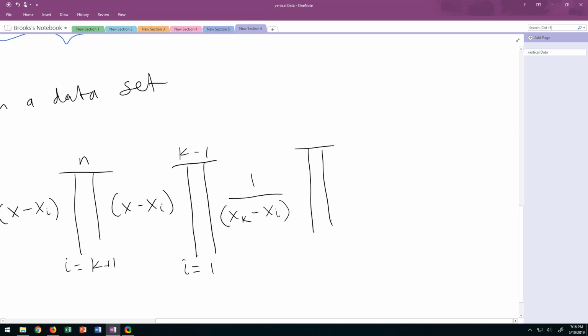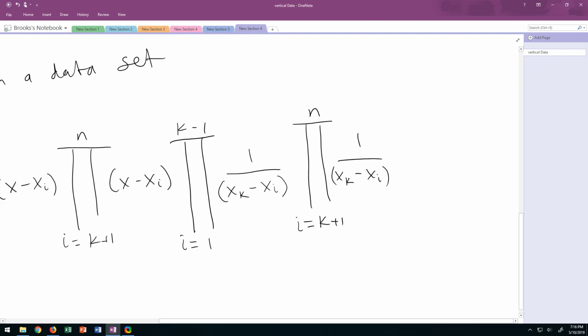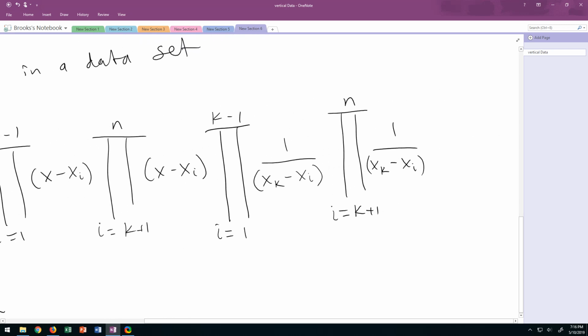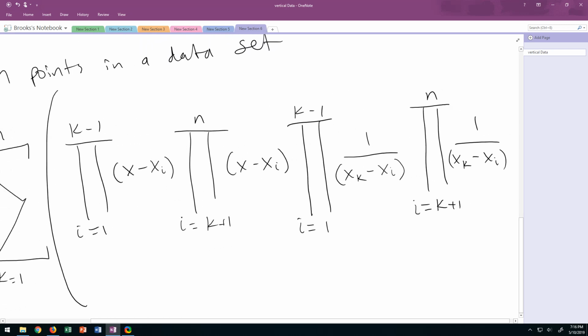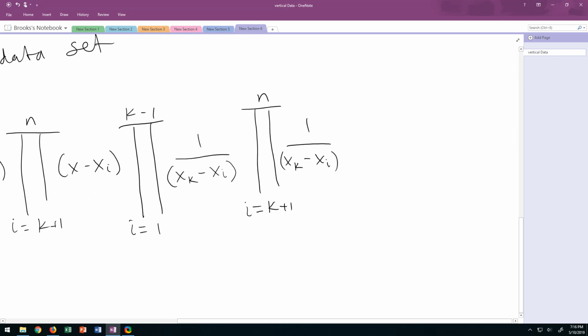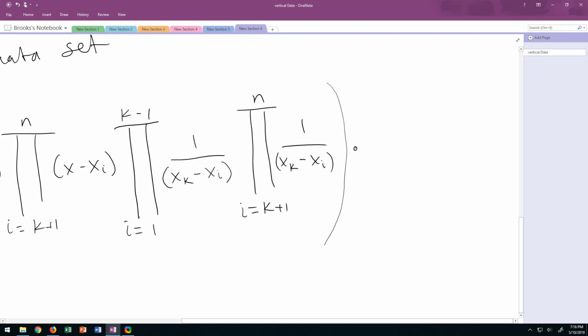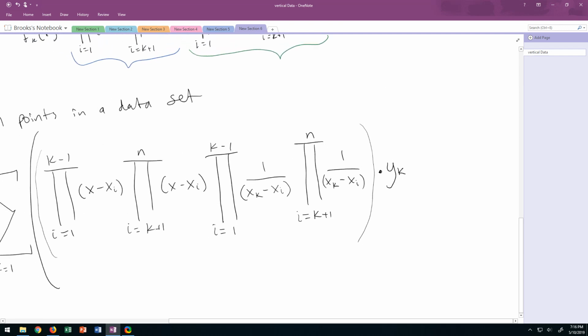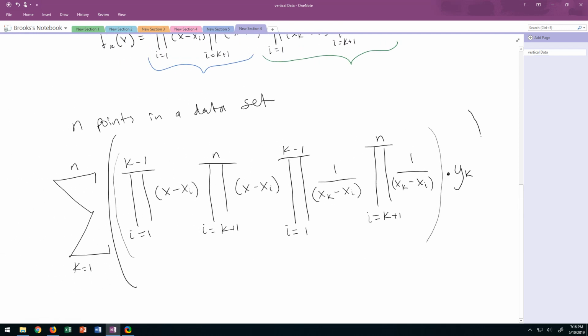And now we're going to multiply it by another product, i equals k plus 1, because I'm skipping the kth term, up to n of 1 over x sub k minus x sub i. All right, nearly almost done. Now I just got to multiply by y sub k. Maybe I should have put another set of parentheses right here. Now I've got to multiply by y sub k. All right, and now I need the last closing parentheses.